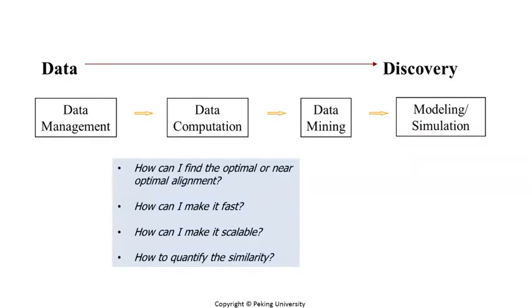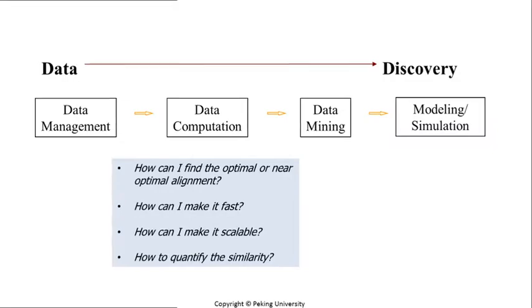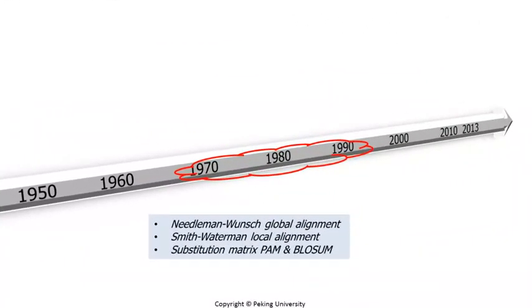As soon as 2 or more proteins were sequenced in the 1960s, sequence alignment has been a central problem in bioinformatics research. To solve this problem, the classic Needleman-Wunsch global alignment and Smith-Waterman local alignment algorithms were published in 1970 and 1981, respectively.